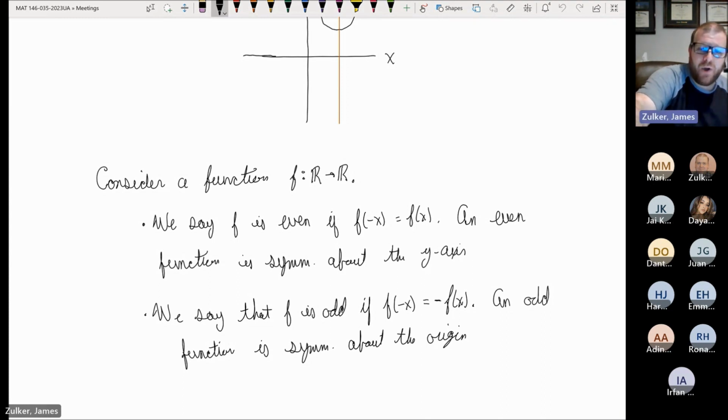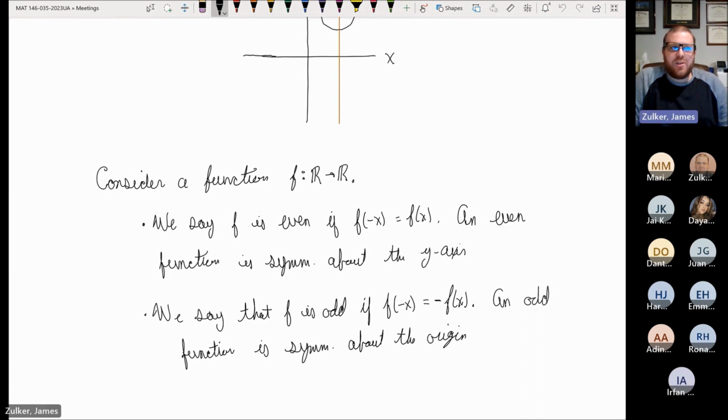A function cannot be both even and odd. That's not possible. If you had a function that was both even and odd, that would mean it is symmetrical about both the x and the y axes.